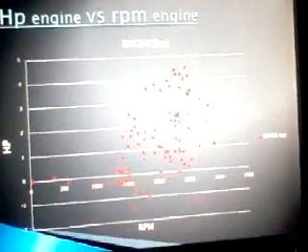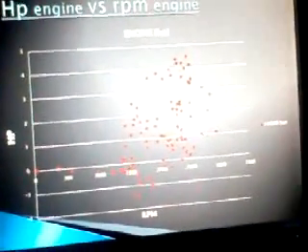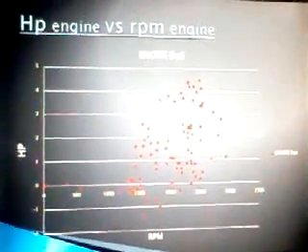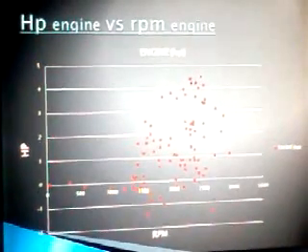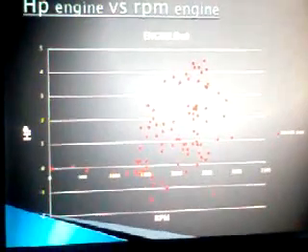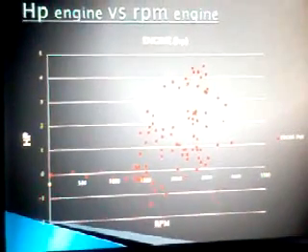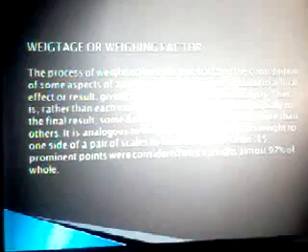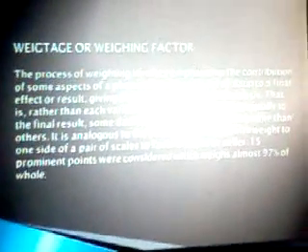Then we have made a cluster which represents the whole data, and the regression analysis is done on this cluster. Then we have calculated the weightage and weightage factors.